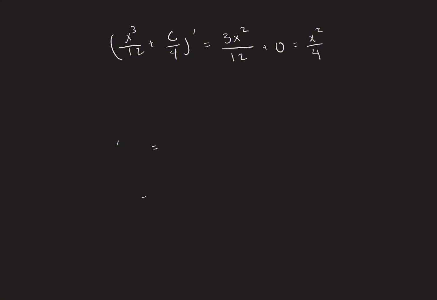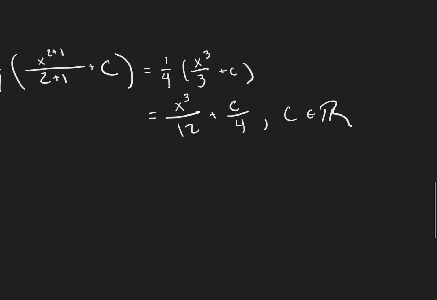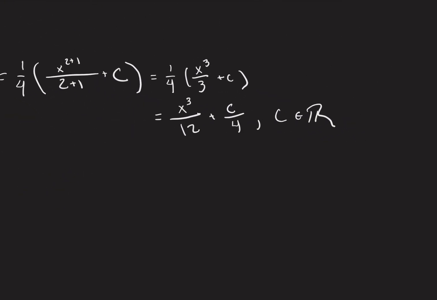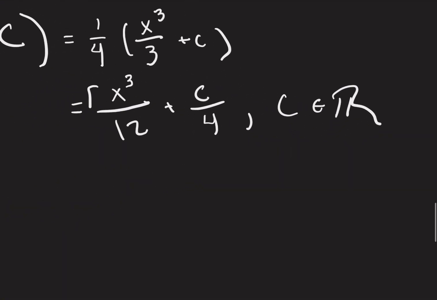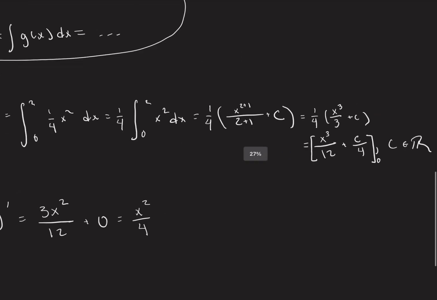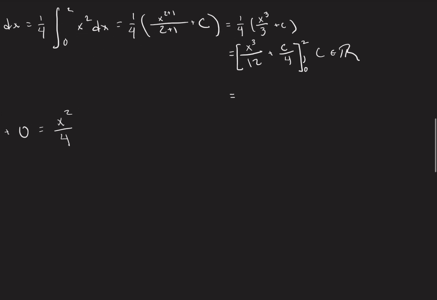Okay. So let's go back. We found the antiderivative. Now we need to find the area, and I'm putting this in brackets, 0 to 2. When you're finding the area, always start with b.